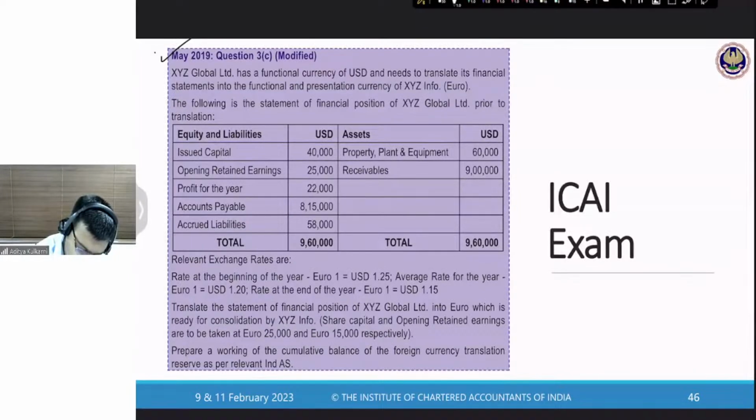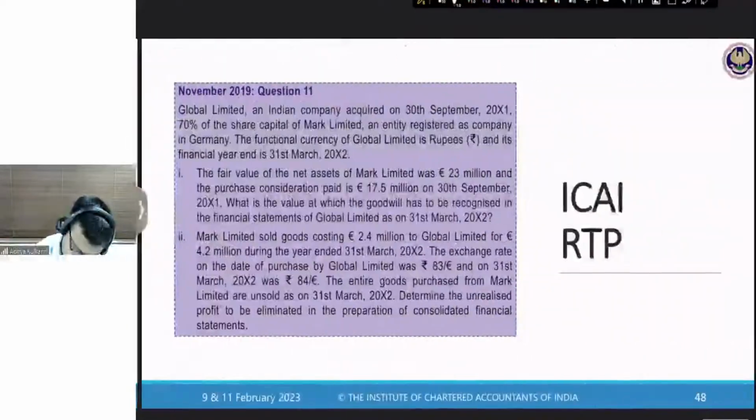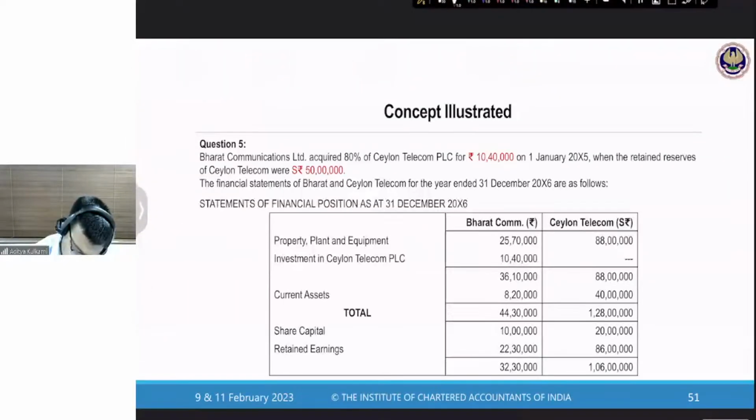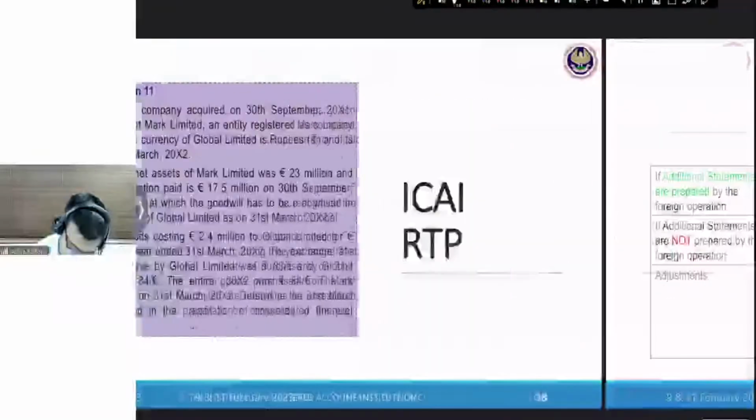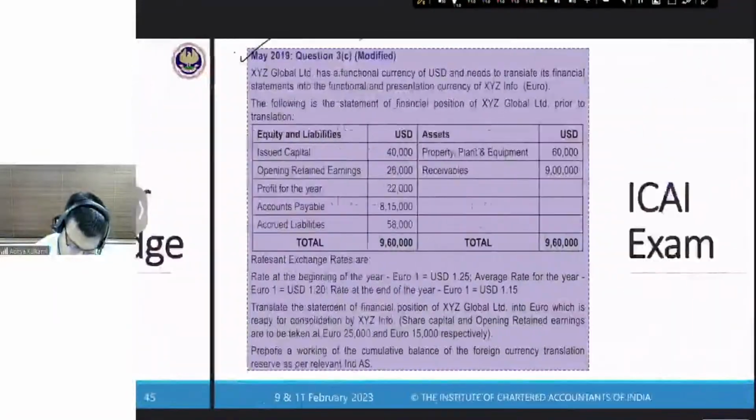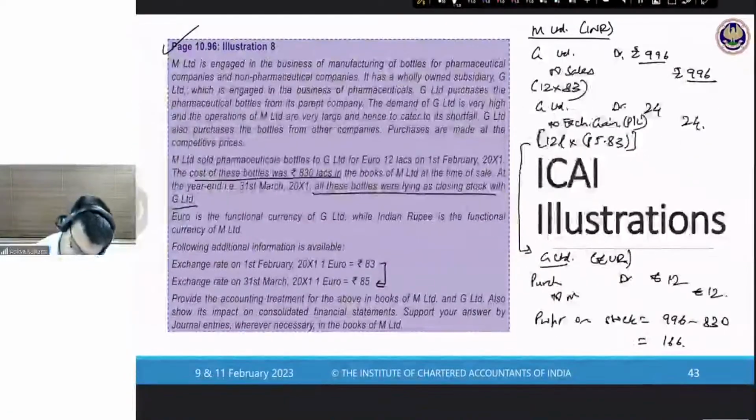It won't be eliminated in G. It will be eliminated in the consolidated financials. The 166 will be eliminated at the time of consolidation, not in the standalone.